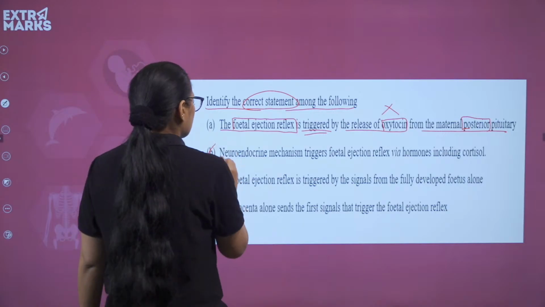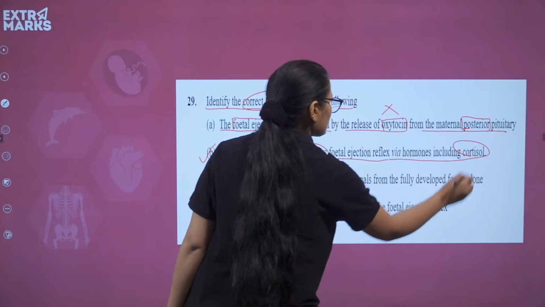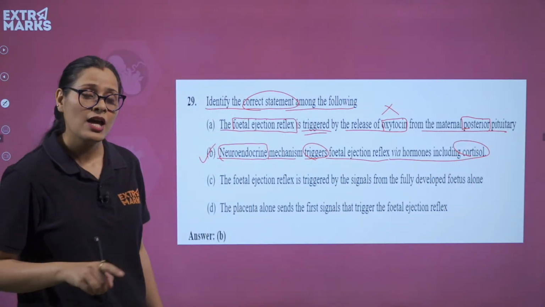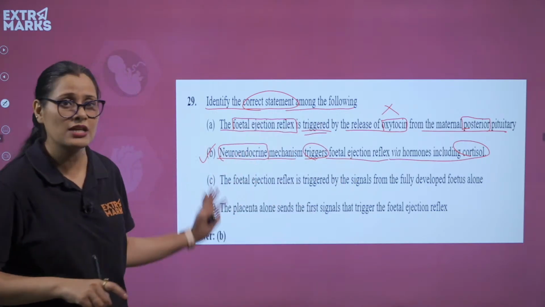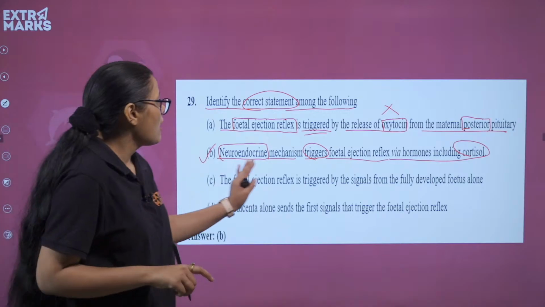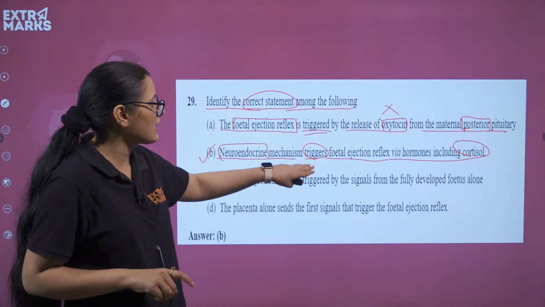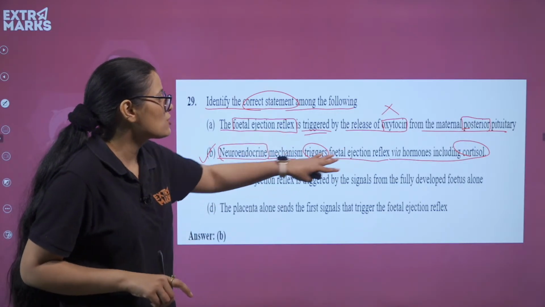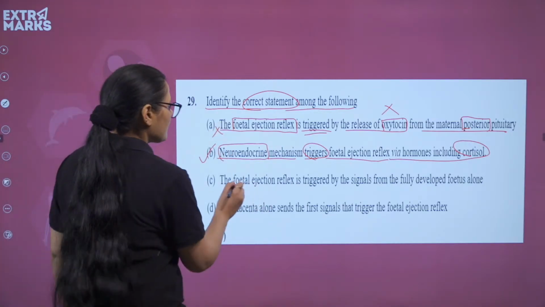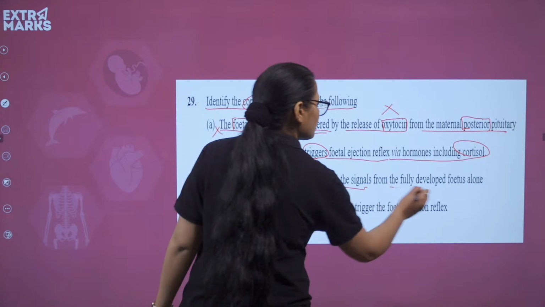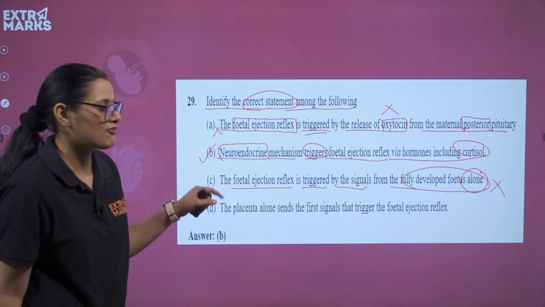B is neuroendocrine mechanism triggers fetal ejection reflex via hormones including cortisol, and this is a correct statement. The hormones involved in fetal ejection reflex include cortisol, oxytocin, estrogen, right? And they are the hormones that are involved in this neuroendocrine mechanism that triggers your fetal ejection reflex. So that's why this first statement is incorrect, right? The fetal ejection reflex is triggered by signals from fully developed fetus alone is incorrect. It is from fully developed fetus and placenta.